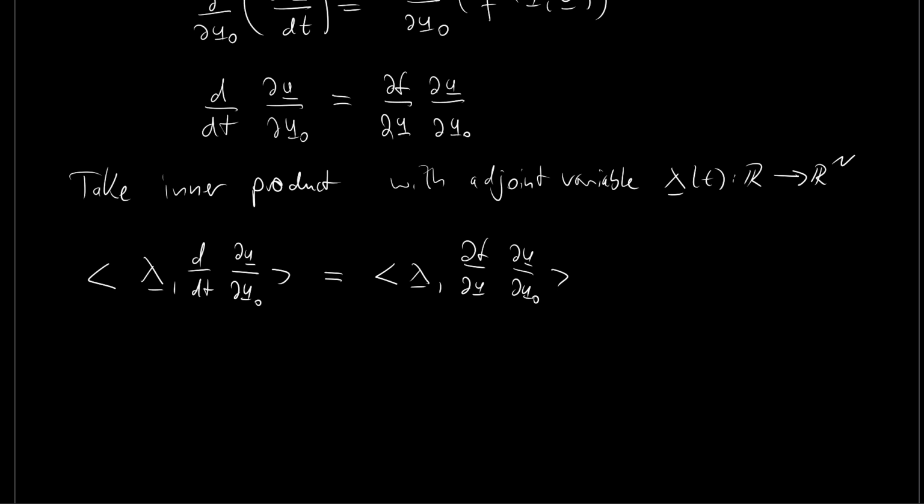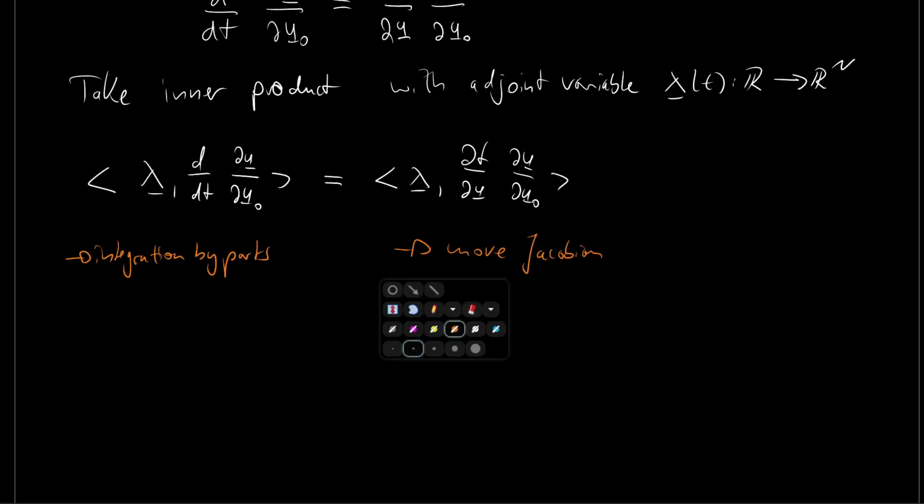And in order to achieve this, we have to apply integration by parts on the left-hand side and move the Jacobian to the right-hand side. So we will do integration by parts, and here we will move the Jacobian. And by doing so, we will get something similar as before. As said, I won't do the steps in detail because they are essentially the same, except for having a different denominator here.